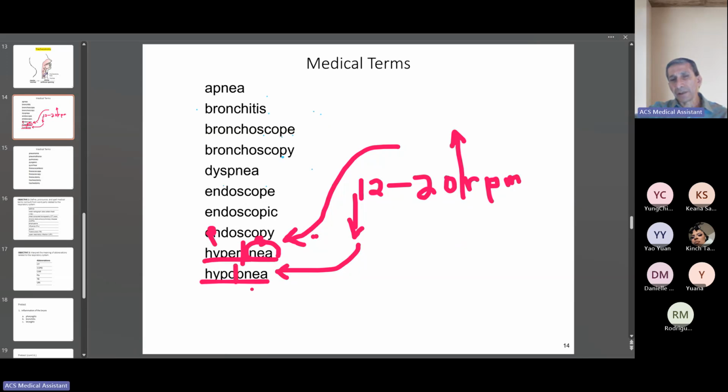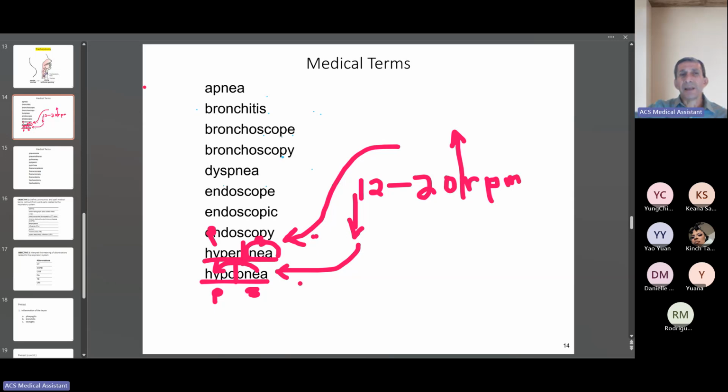Nea is the suffix. Remember, you can use it as an adjective because it has the word root and the suffix attached together. And this is the prefix. Hypo means under, below, less than. And this is breathing. So breathing is below normal ranges.